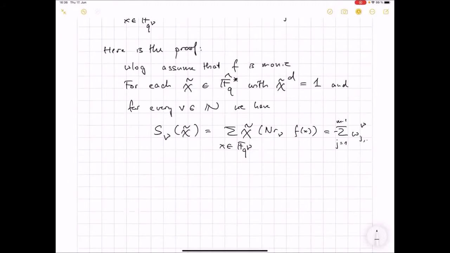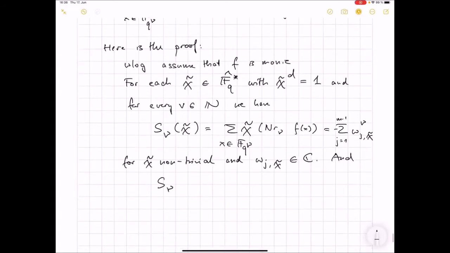And these things depend, of course, on chi tilde in some way, as long as chi tilde is non-trivial, and certain omega_j(chi tilde) in C, some complex numbers. Okay, but for the trivial character, of course, it's easy.